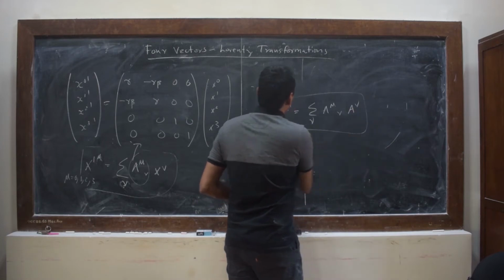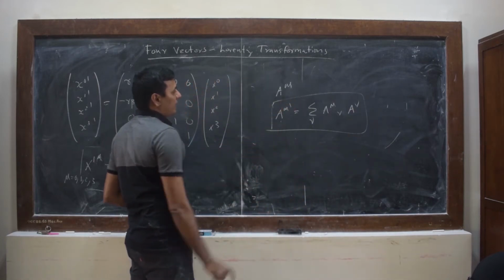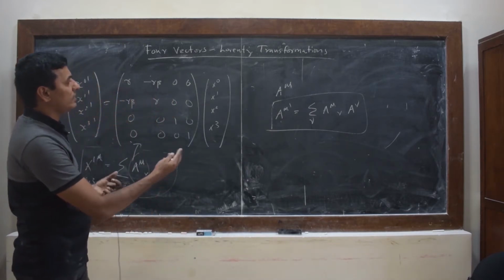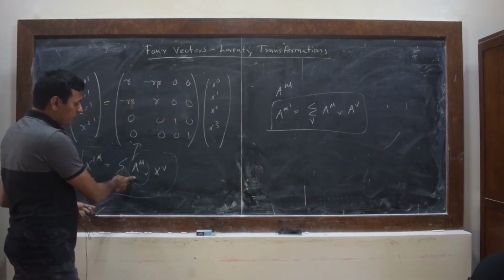If the components of an object transform like this under Lorentz transformation, then you can say that this is a vector, because the coordinates transform like this.